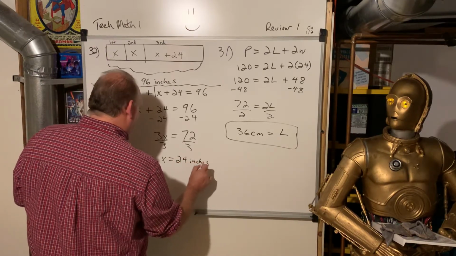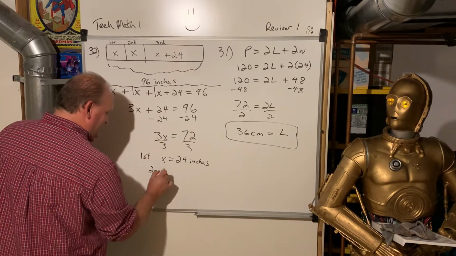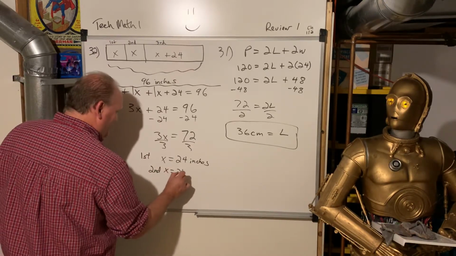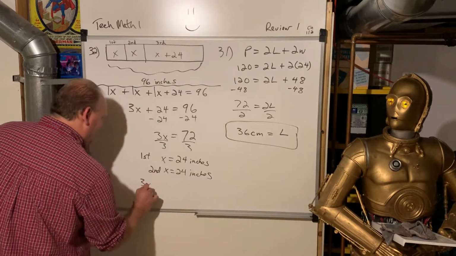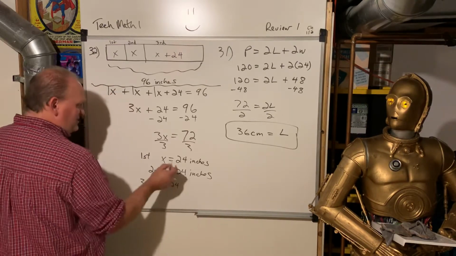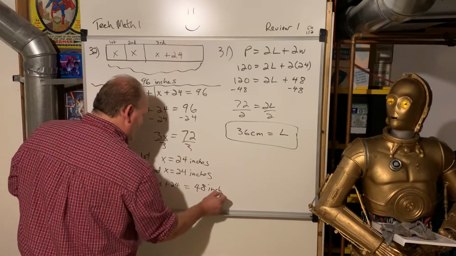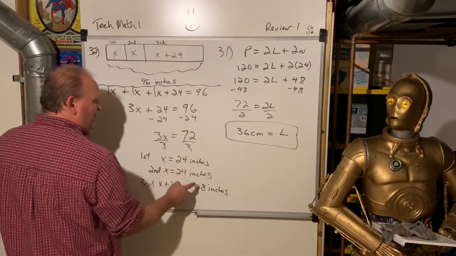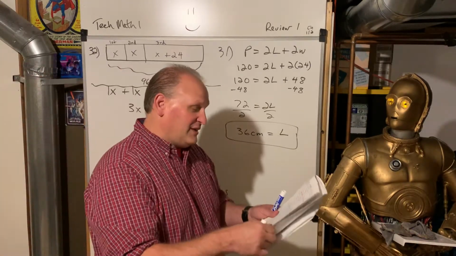The first part is x, and the second part is also x, 24 inches. The third part is whatever that is, plus 24, so 24 plus 24 is 48 inches. Those are my 3 parts, 24, 24, and 48. Those are the 3 lengths that we're looking for.